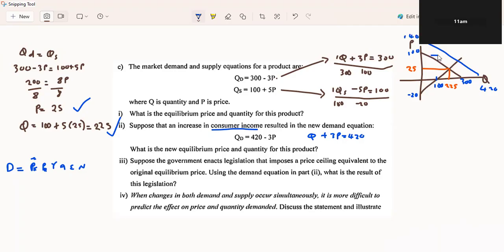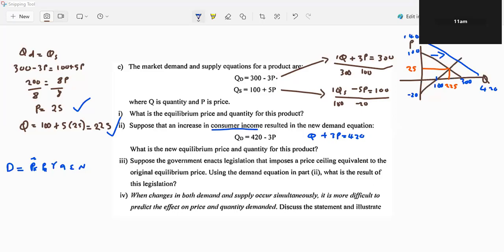So what is the impact of the increase in our consumer income? The consumer income will cause a shift to the right. Point number 1. So this shift to the right will also increase our equilibrium price and will also increase our equilibrium quantity.